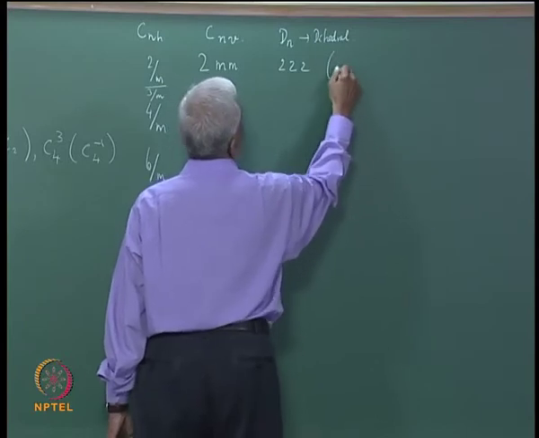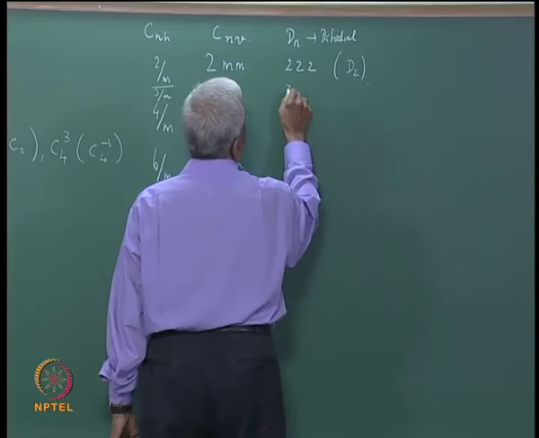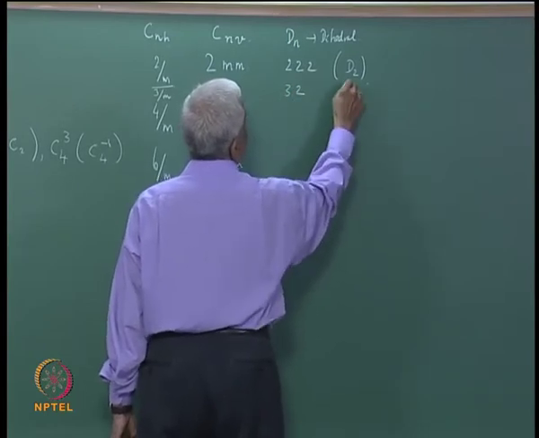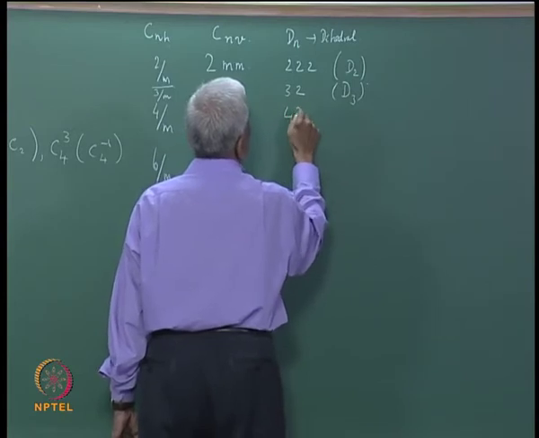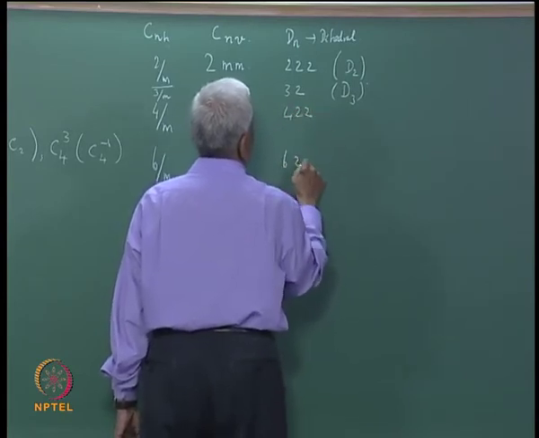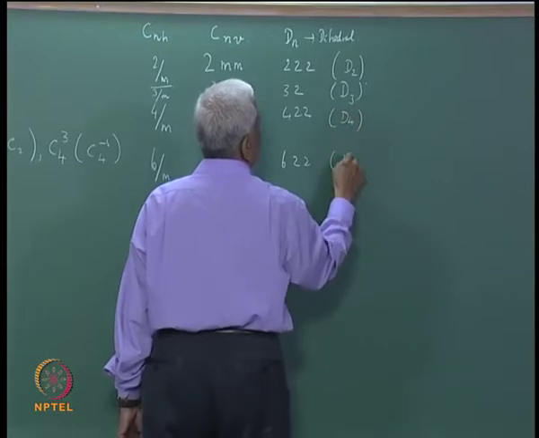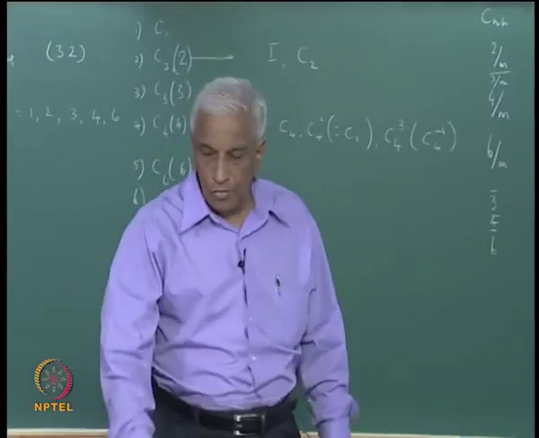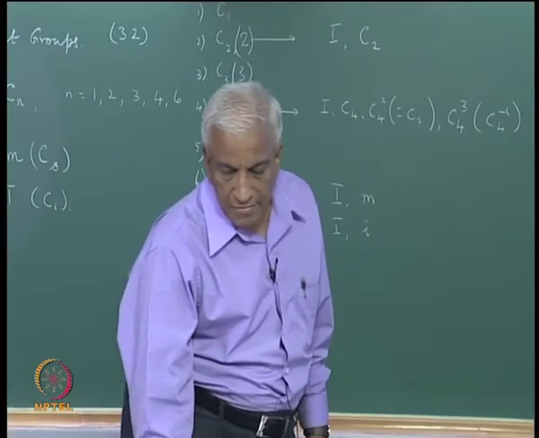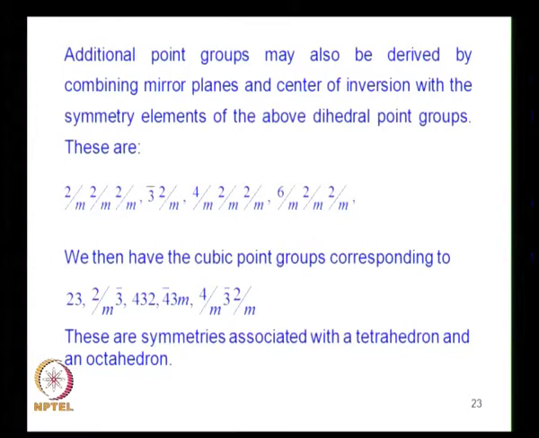This is also known as D2, and you get 3 2, this is D3, and 4 2 2, 6 2 2, this is D4, this is D6. So, we can go on like this to get additional point groups.